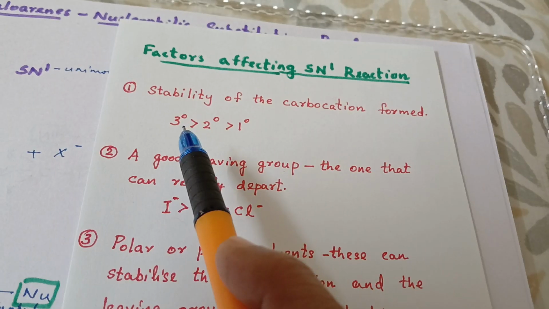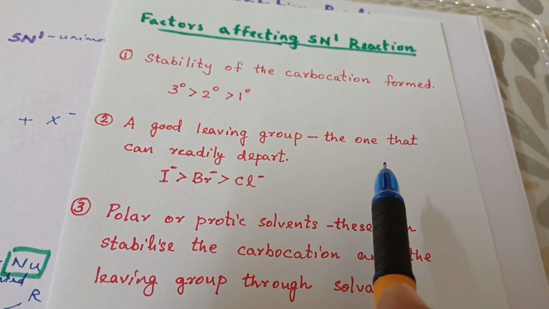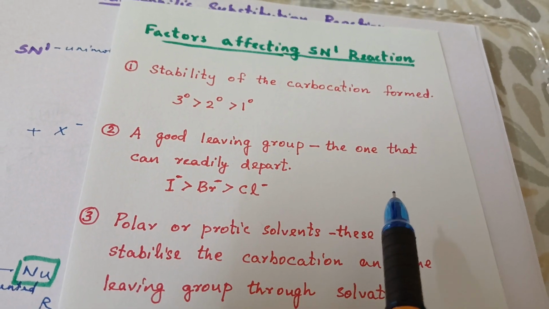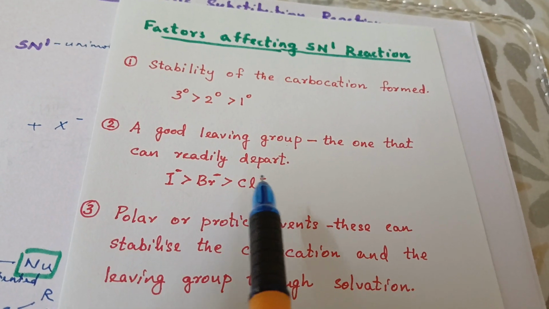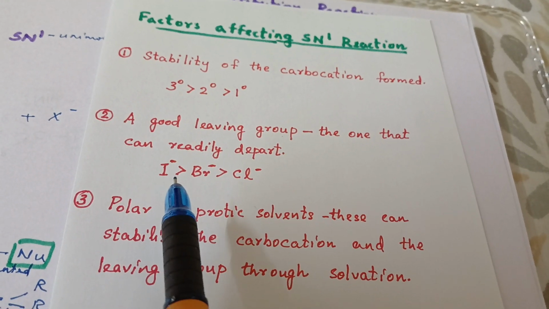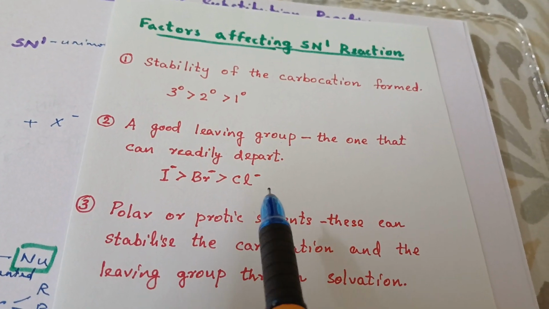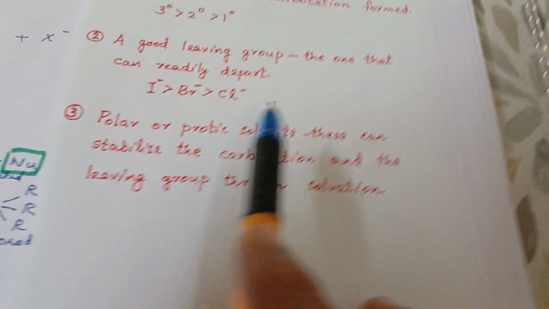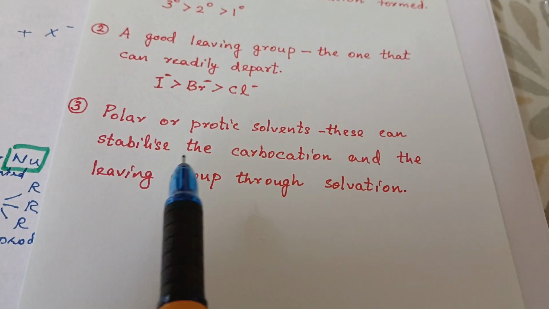It will happen faster with a tertiary carbocation. Then a good leaving group, the halide ion which is leaving, the one that can readily depart. Iodide is a better leaving group than bromide, and bromide a better leaving group than chloride.